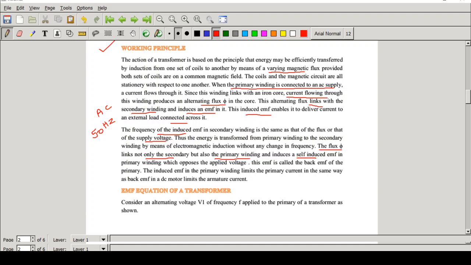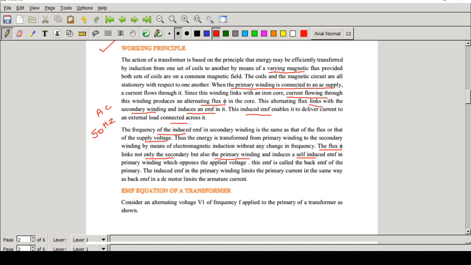And this EMF you call a self-induced EMF because it is induced due to the flux generated by the current flowing through the primary winding. Whereas when the flux produced by the primary winding links the secondary, you call it not self-induced EMF, but mutually induced EMF.